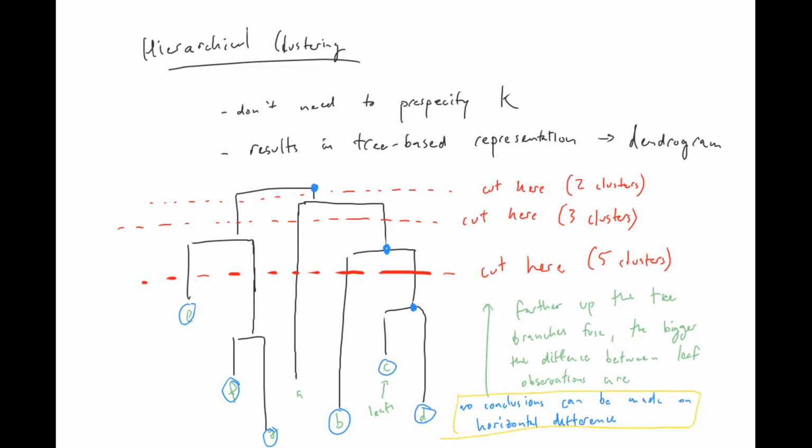So horizontal doesn't mean anything. It's all about vertical. So in this particular example, like A in comparison to B, C, and D, I don't know if A is closer to C or D than it is to B. Just because it's closer horizontally to B does not mean that in the procedure that we're using it's actually closer. Okay.